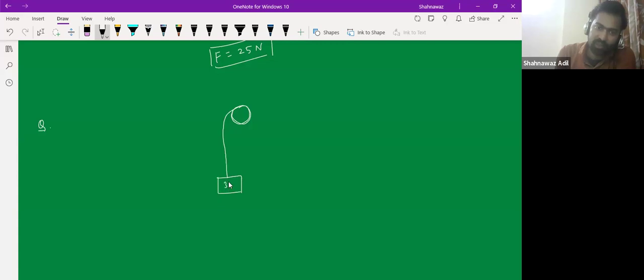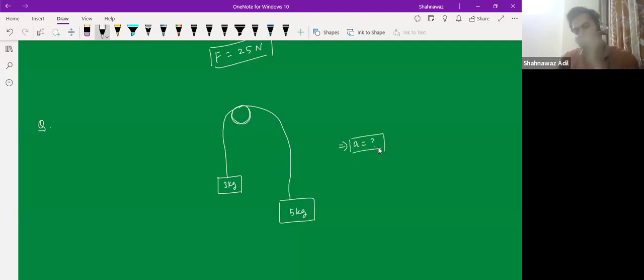Let's say this is 3 kg, and this is 5 kg. Then you have to find out what would be the acceleration. So quickly calculate this.